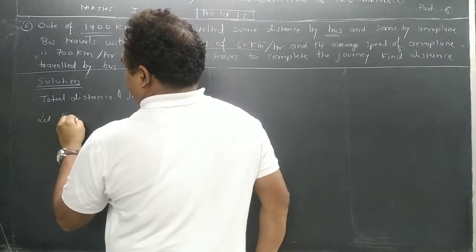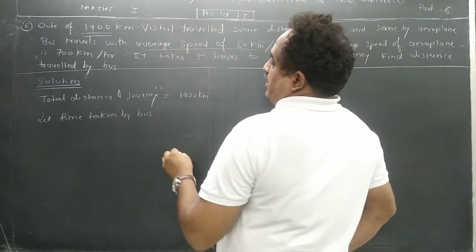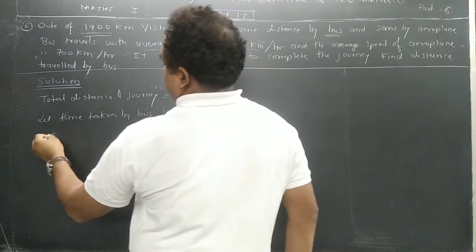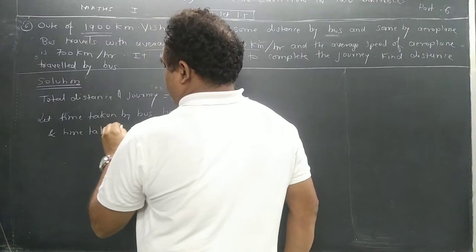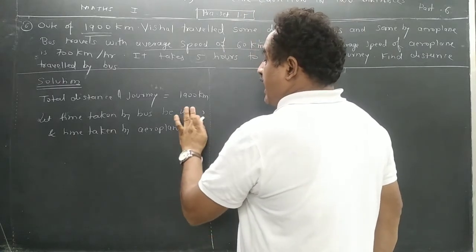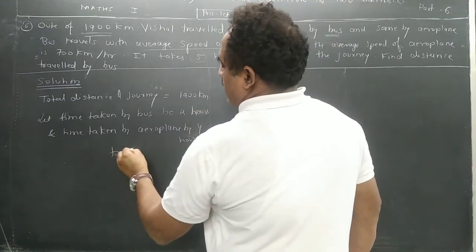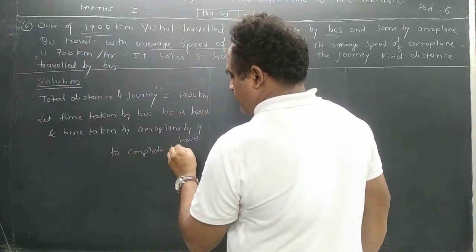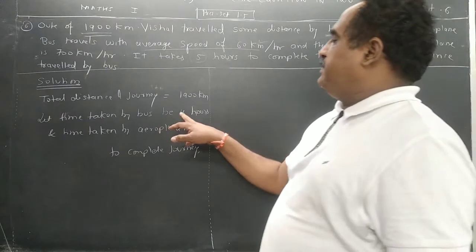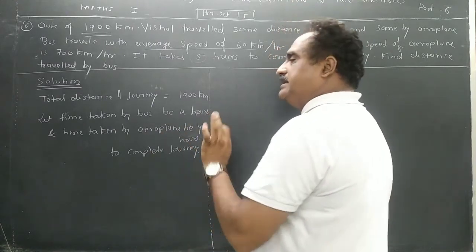Let the time taken by bus be x hours and time taken by the aeroplane be y hours to complete the journey. Have you understood this? So time taken by bus be x hours, and time taken by the aeroplane be y hours to complete the journey.